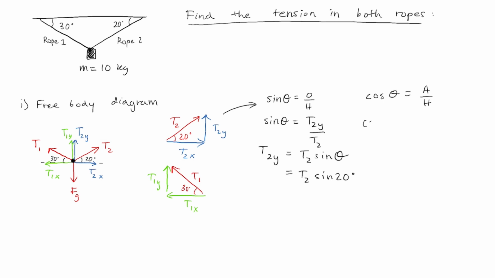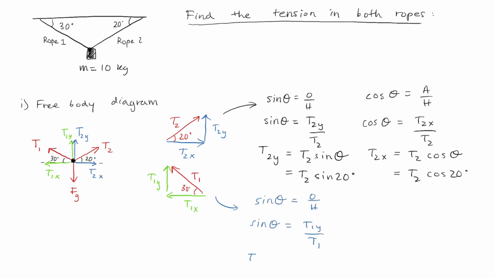We will use cos theta, which is equal to adjacent over hypotenuse, replace the adjacent side with T2x and the hypotenuse with T2, rearrange and isolate for T2x, and we find that T2x is equal to T2 cos 20 degrees.